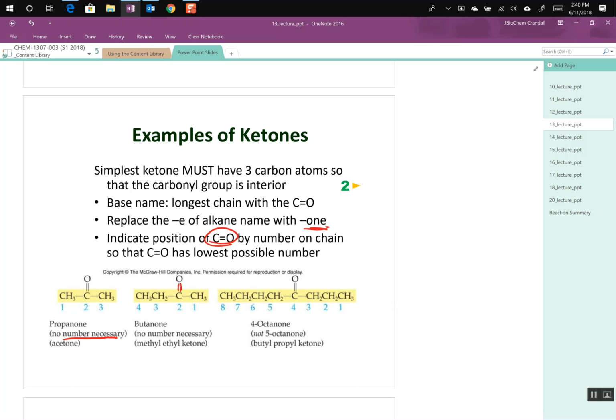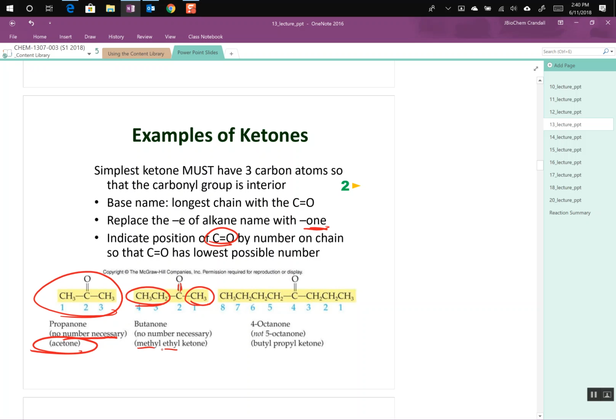Now there are common names for those two. Acetone will be the common name for this simple ketone. That's the main one you need to learn. The next one, you would be able to derive the common name because it's a methyl here and an ethyl here on either side of the carbonyl carbon.